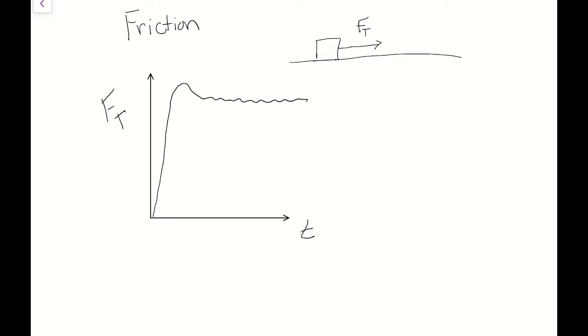And so there are two different kinds of friction happening here. The first kind of friction happens while the block is not moving, and that is going to be static friction. And then the second kind of friction happens while the block is moving. That is right here, and that is kinetic friction.